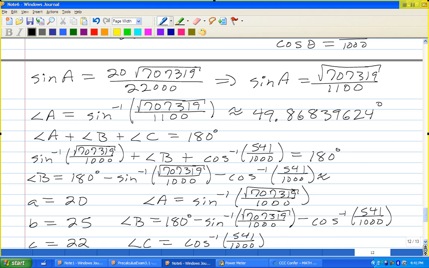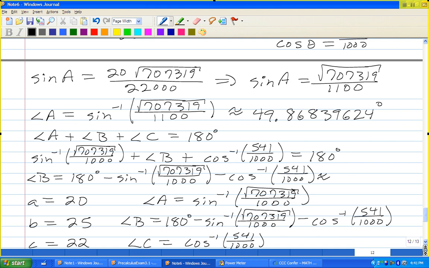So 707,319 divided by 1,000, inverse sine. Wait.